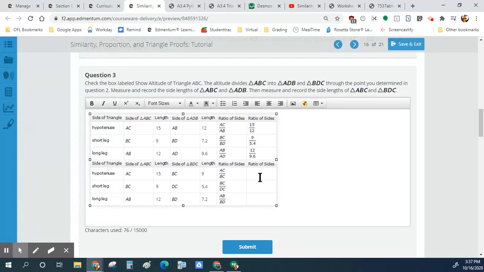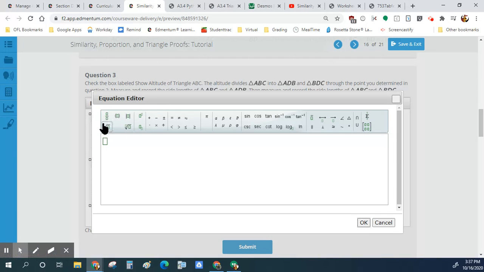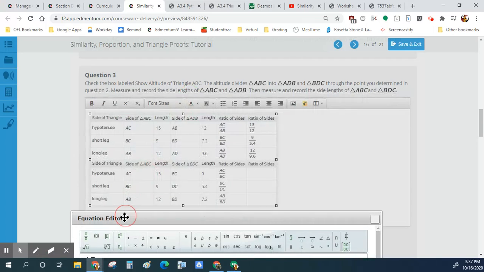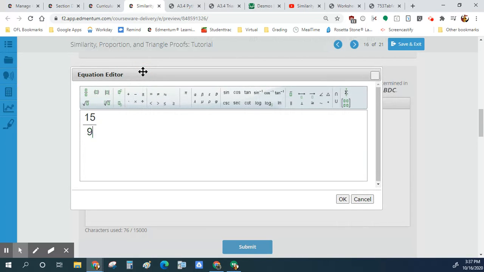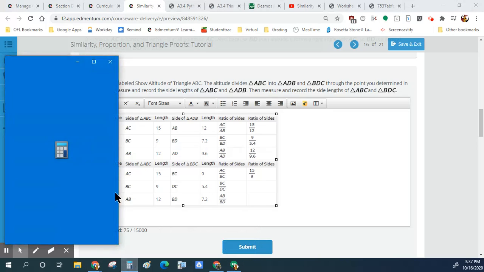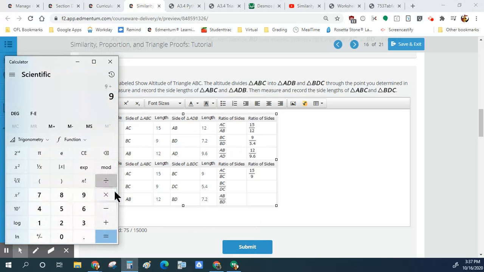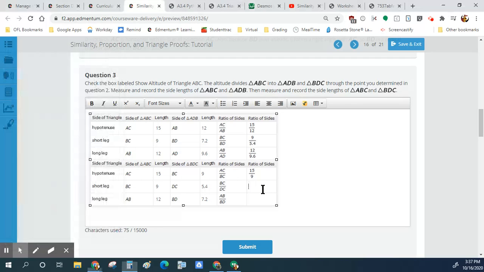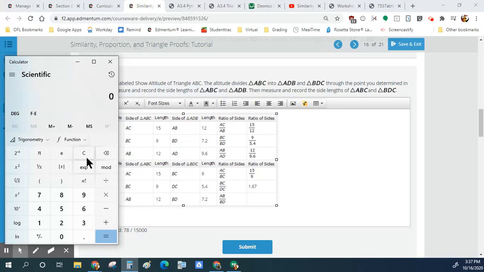Now, if we do it this way, 9, yeah, it's 9 because it's a smaller triangle. So we're going to do that. And then we're going to do 9 divided by. What they should have instructed was to actually divide it out, which would have been more useful. So I'm going to do that for this next one. I kind of realized it a little too late. I'm like, what's the point of this?